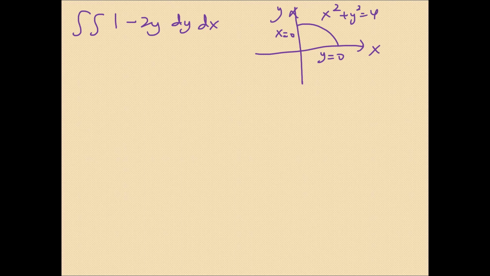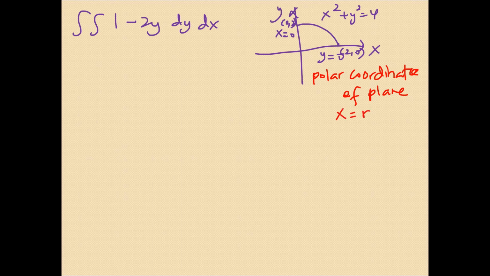We know that the point here is (2, 0), and the point here is (0, 2), because the radius is 2. So this is a first quarter circle. Obviously, you have to use polar coordinates to solve this, otherwise your integration will be harder.